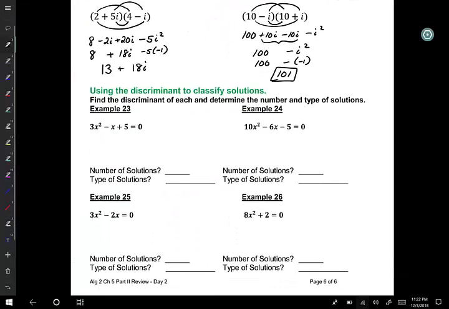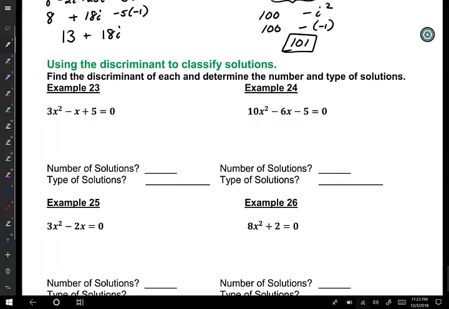The last part we're going to look at is using the discriminant to classify solutions. The discriminant is the inside square root portion of the quadratic formula. It's the b squared minus 4ac. If b squared minus 4ac is less than 0, you'll get two imaginary numbers. If b squared minus 4ac is equal to 0, you'll get one real number.